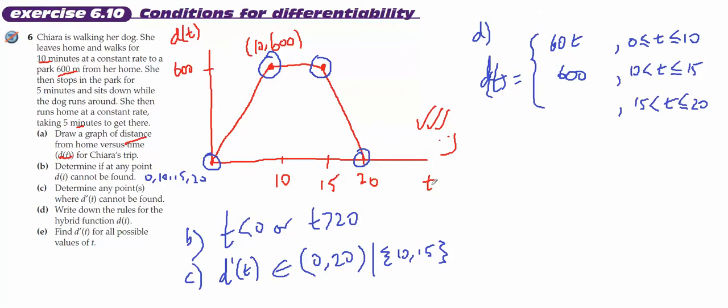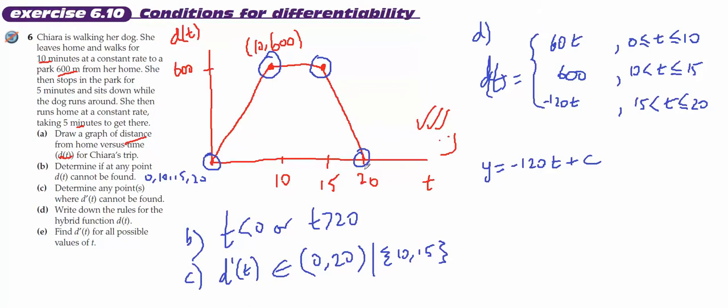And during this time here, rise over run, it goes down 600 but only over 5, so that's going to be negative 120t. Now y equals negative 120t plus some constant c.